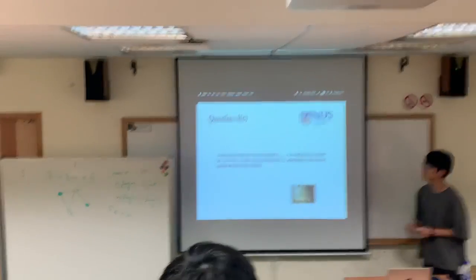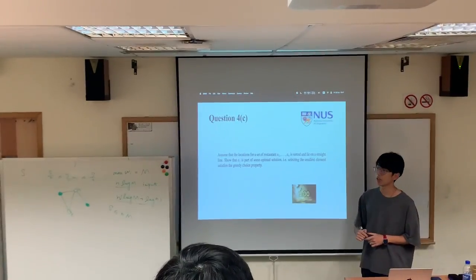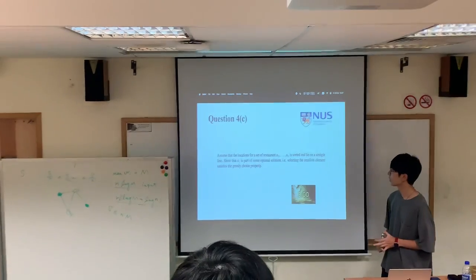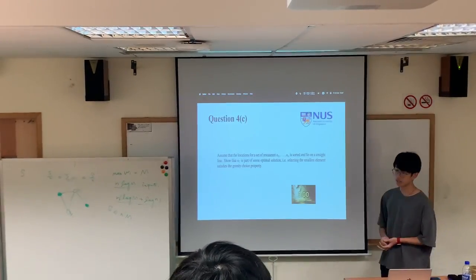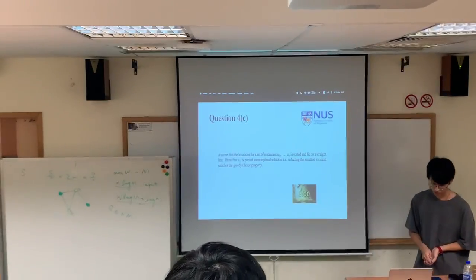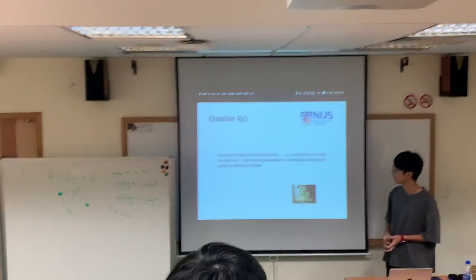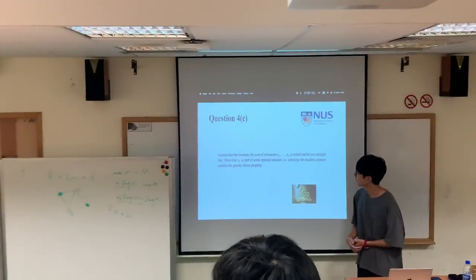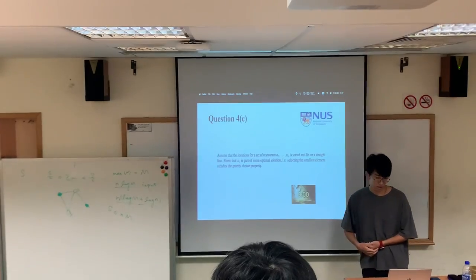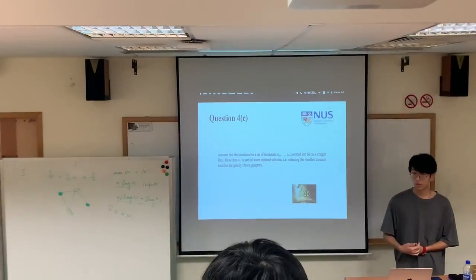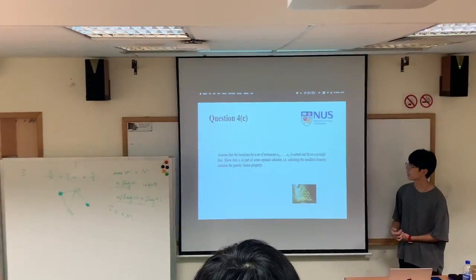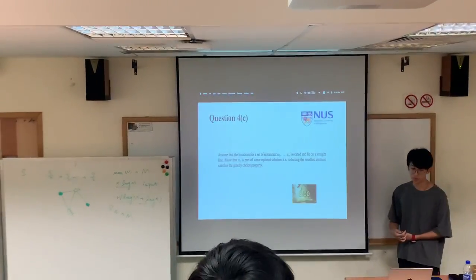Okay, so now we simplify the question such that all the restaurants are on a single line and they are sorted based on their coordinates. And then we want to show that A1, which is the vertex with the smallest coordinate, is always a part of some optimal solution.